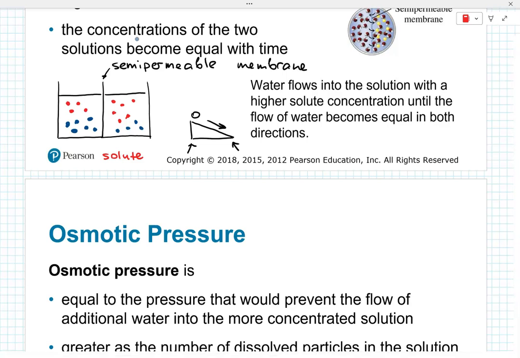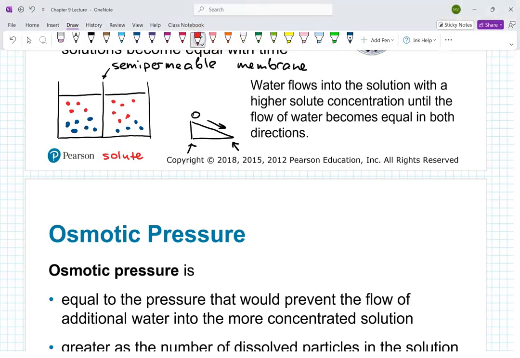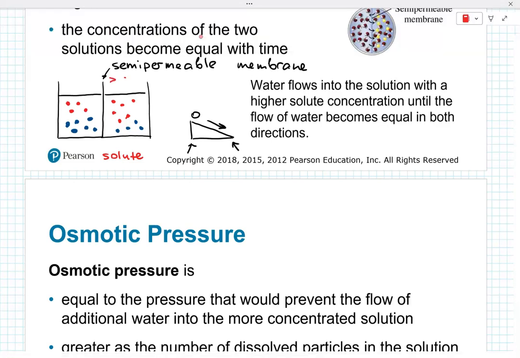Which compartment has greater concentration of solutes? The right or the left? The right. Which compartment has greater concentration of solvent? The left.